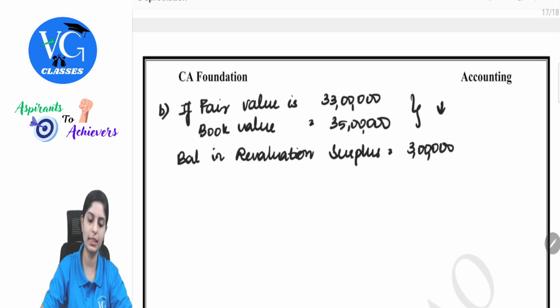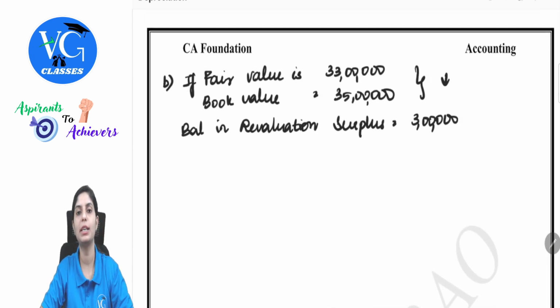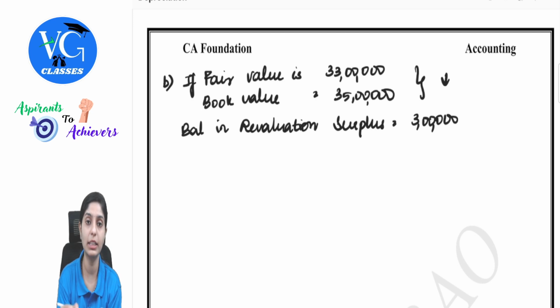Now if you observe, the decrease is only 2 lakh. So if there was any balance available in revaluation surplus, we will first reverse that. In this case, there is excess balance available in revaluation surplus. The amount of shortfall is just 2 lakh. The balance in revaluation surplus is already 3 lakh. So this balance is enough for us to set off the decrease in value of the asset.